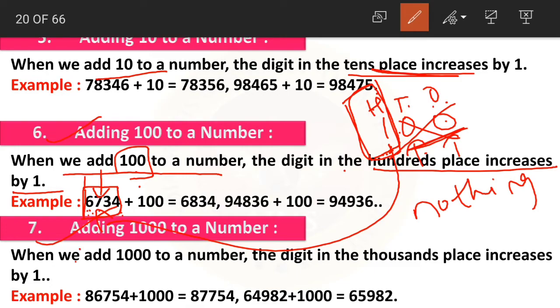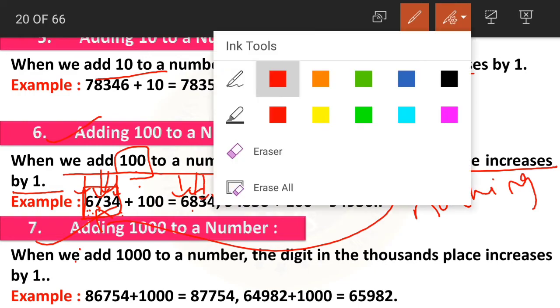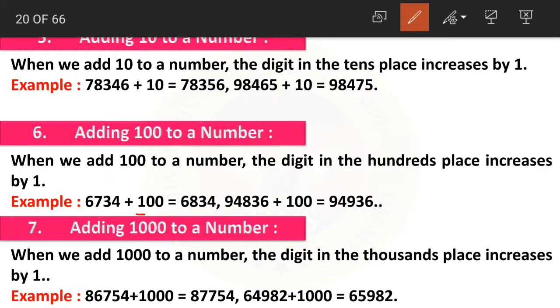Now 6,000s place as it is. Now 7 is in hundreds place. Here we have 1 in hundreds place. 7 plus 1 becomes 8. So 8 in hundreds place. Now 3 and 4 as it is. Clear children? See, so when we add 100 to a given number, the digit in hundreds place increases by 1.